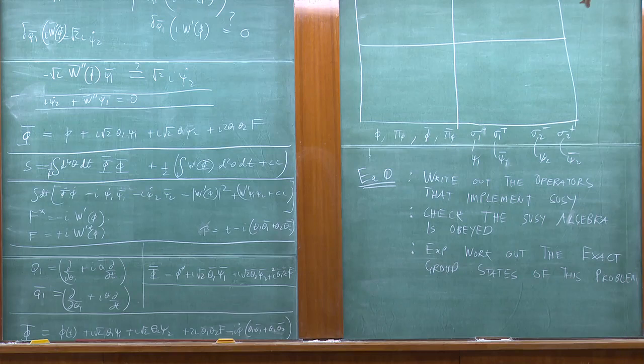This part of the exercise will just help you get familiar with some machinery. The most interesting part is what the ground states are. Actually, I haven't worked it out myself, but I'm sure it's possible to work out, and you guys will work it out. Okay? Wonderful.